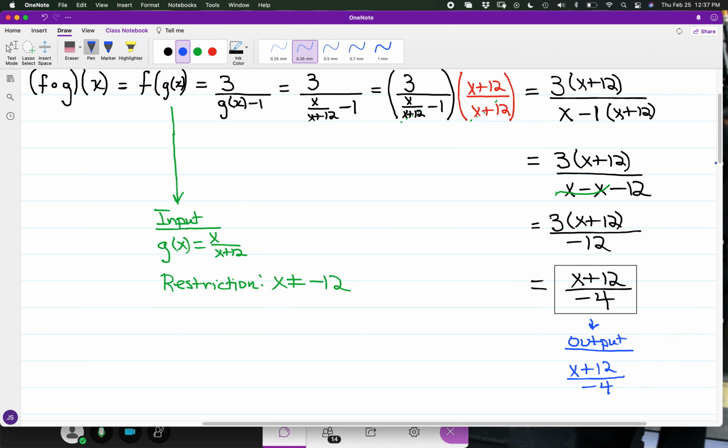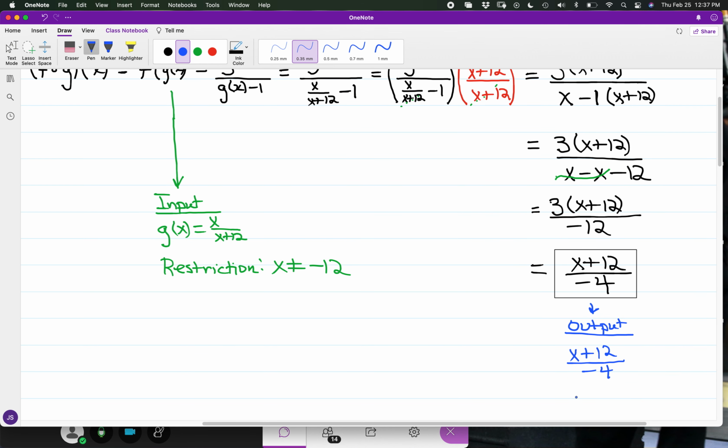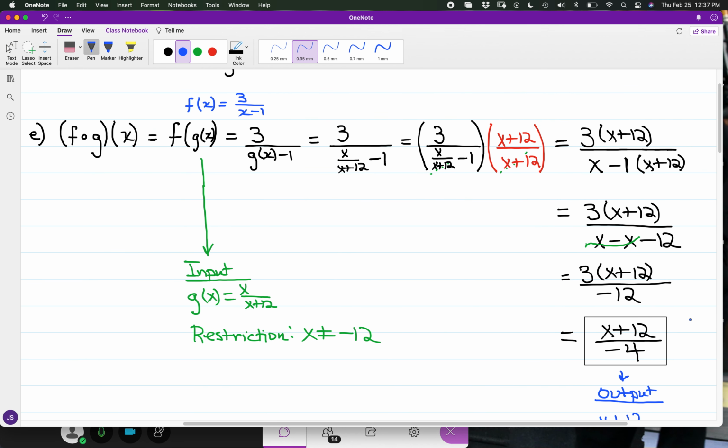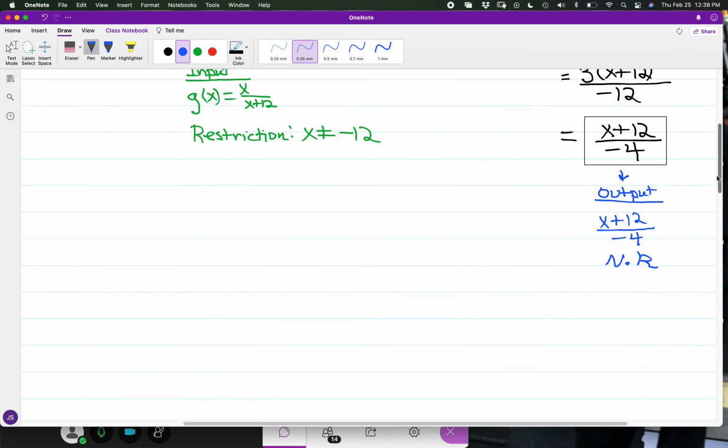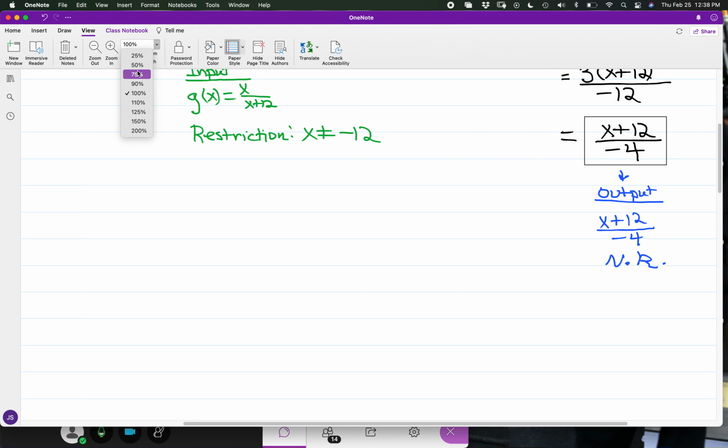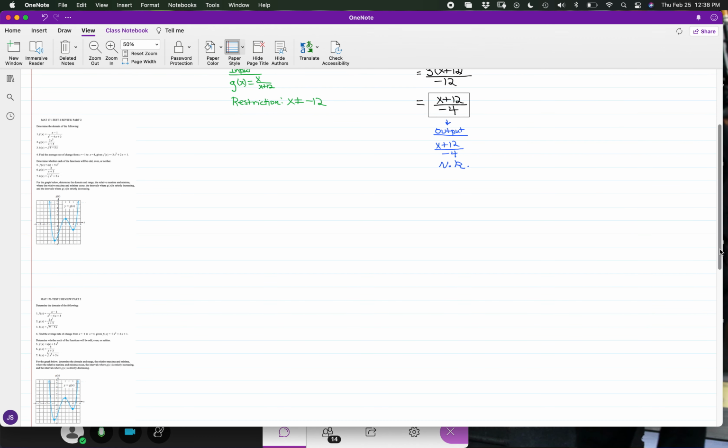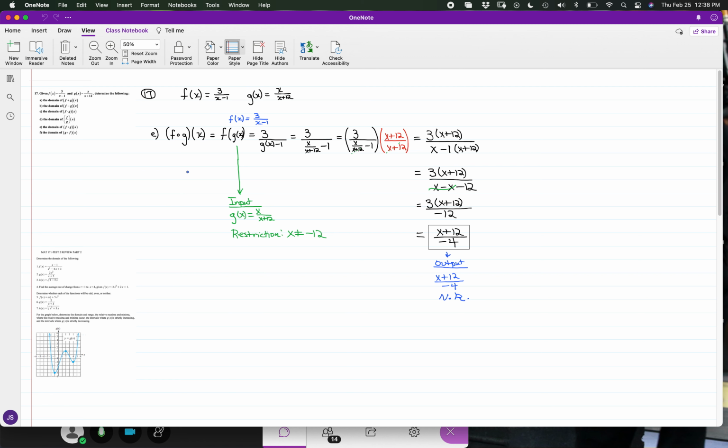So the output in itself is going to have no restriction. And so, looking at this composition, f composed with g of x, the output, you don't have an even root radical, and even though we have a fraction, the fraction is fixed where the denominator is non-zero and will stay non-zero.